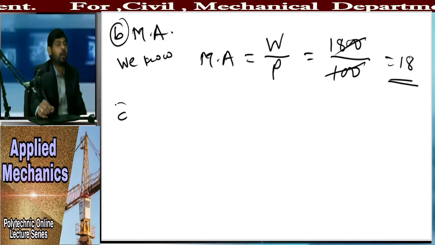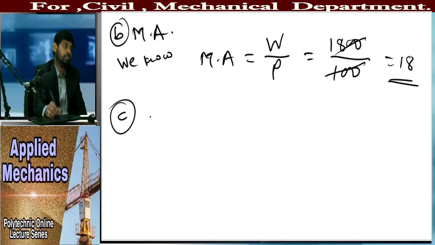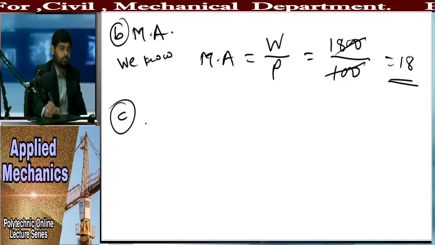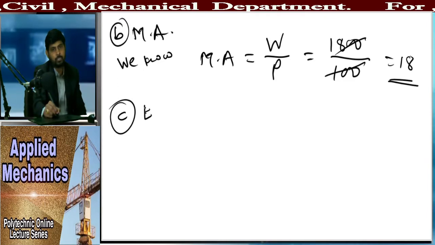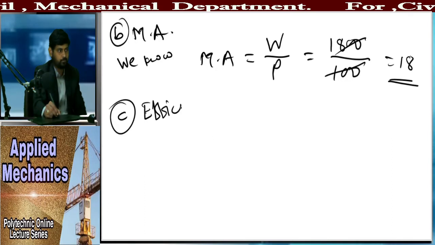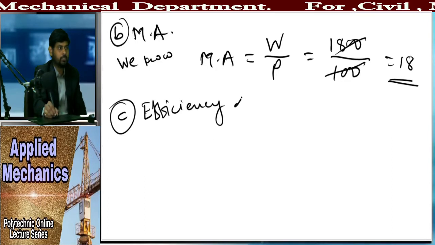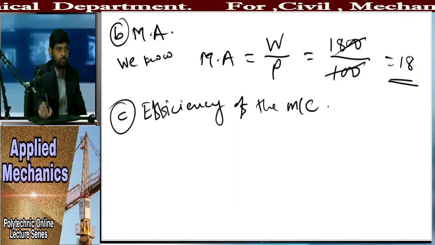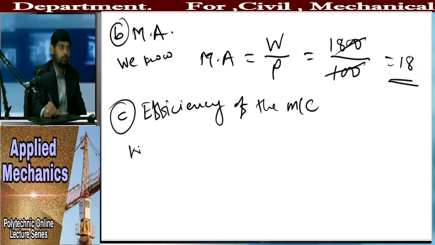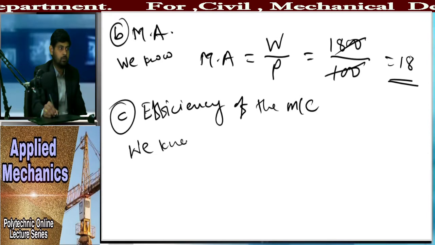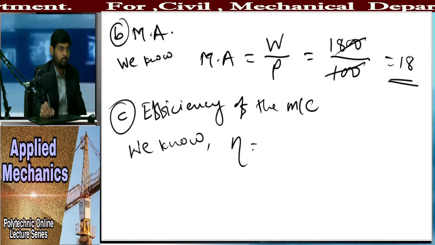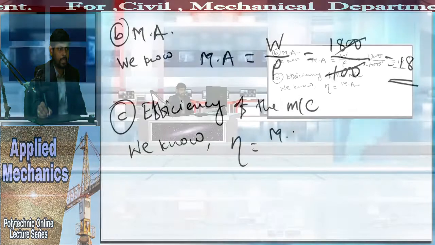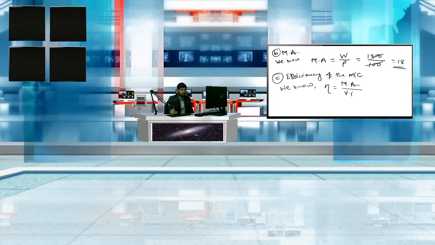After that, we have to find out the efficiency. For the efficiency of the machine, we know the formula: efficiency is equal to mechanical advantage divided by velocity ratio into 100.